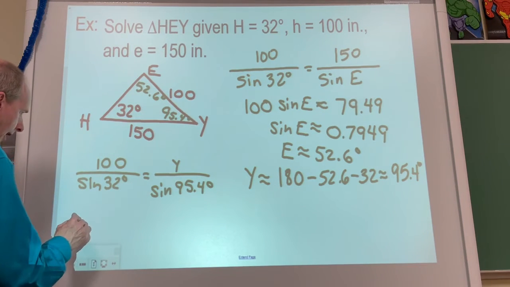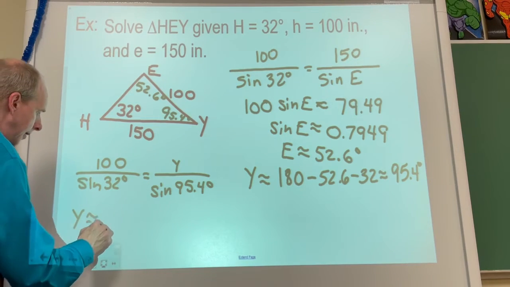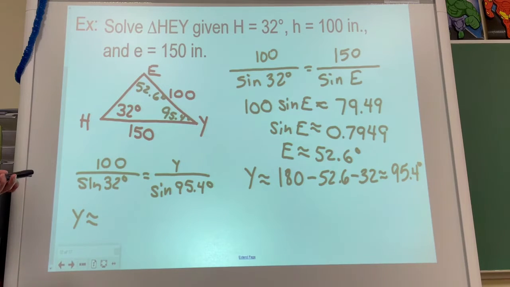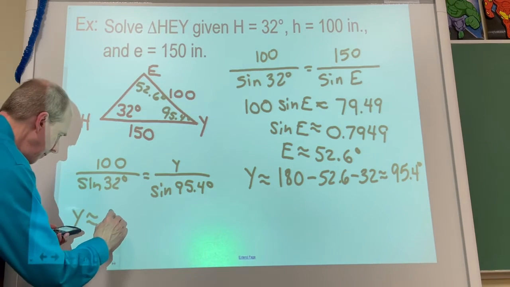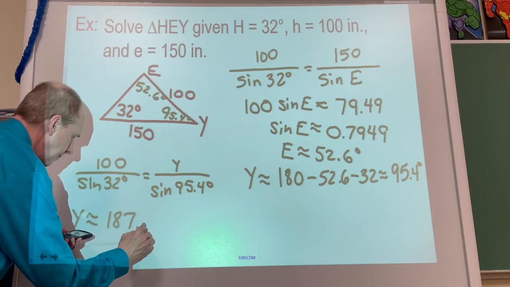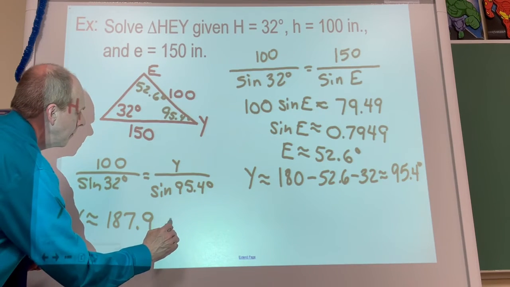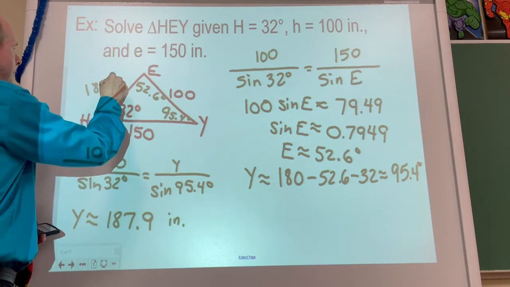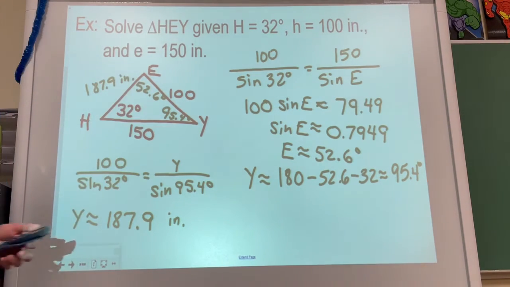So y is about 100 times sine of 95.4 divided by sine of 32. Well, that's your first possibility. This is case 1.